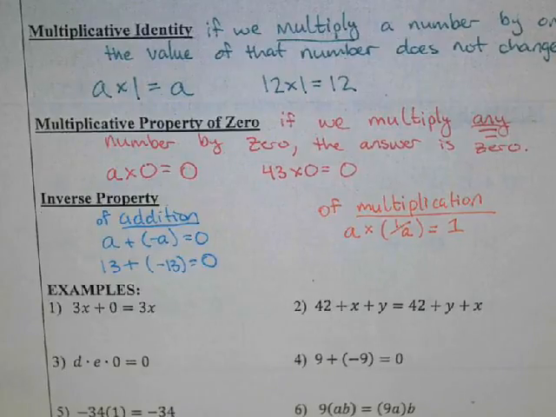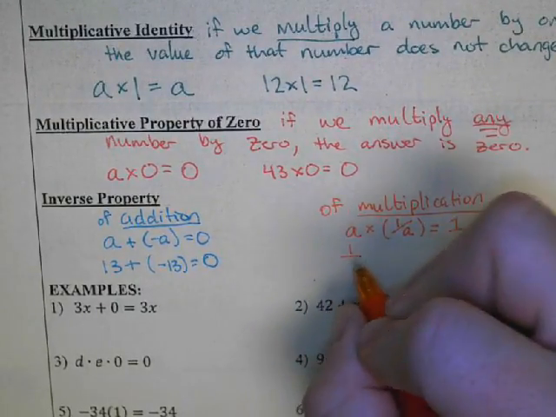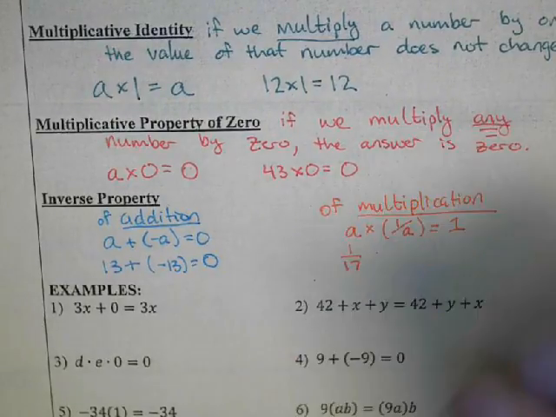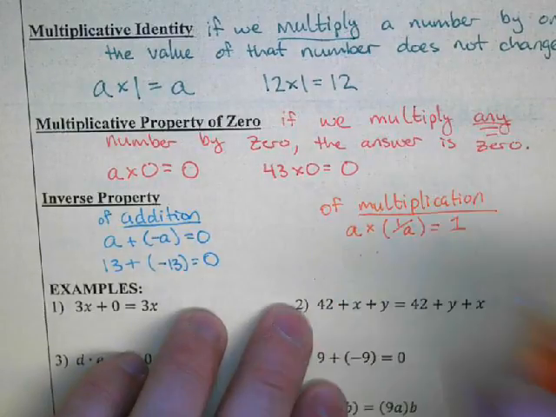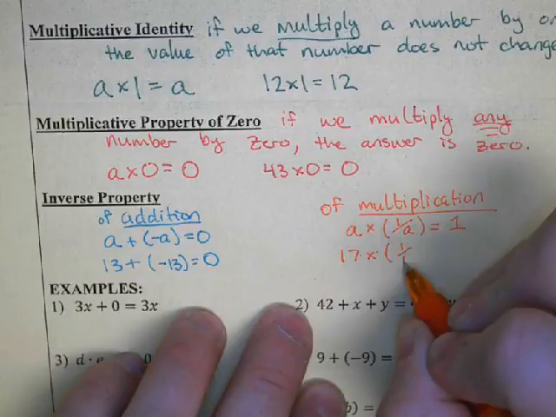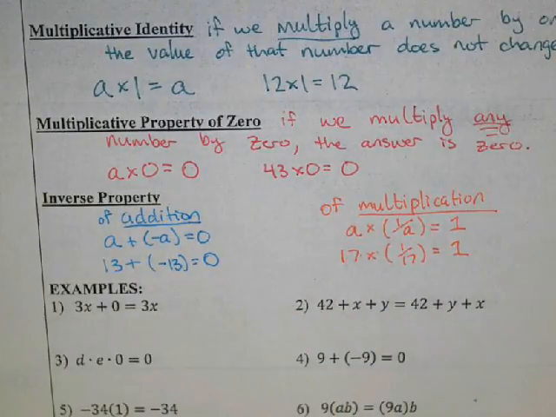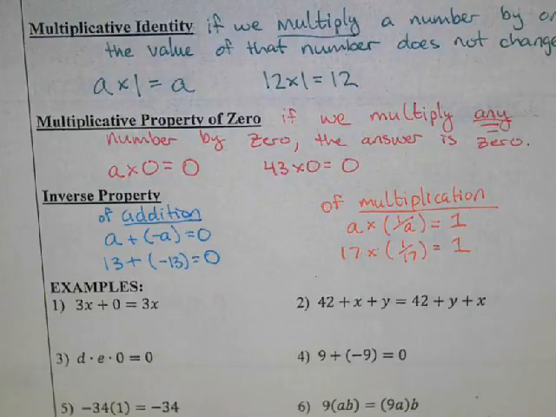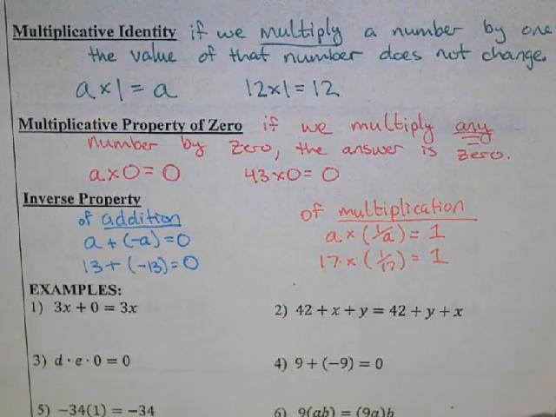So an example using numbers would be if I had 17 and I multiplied it by 1 over 17, that would equal 1. So that is the definition of all our properties.